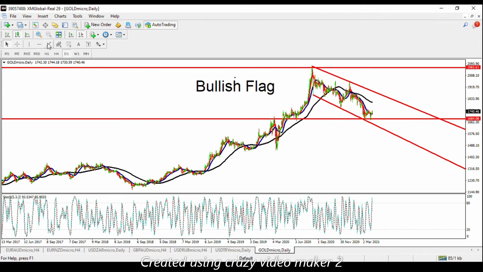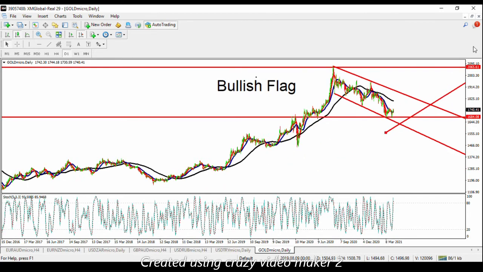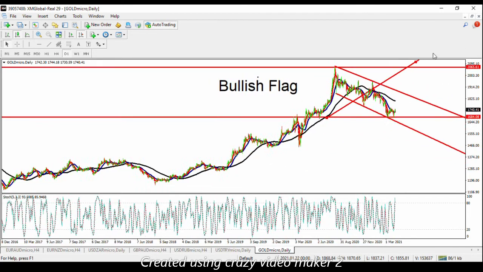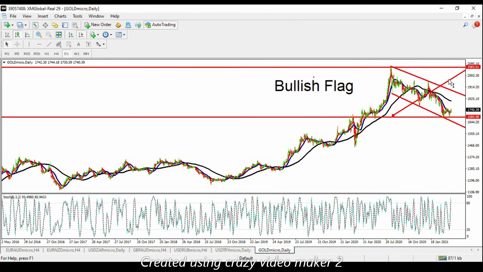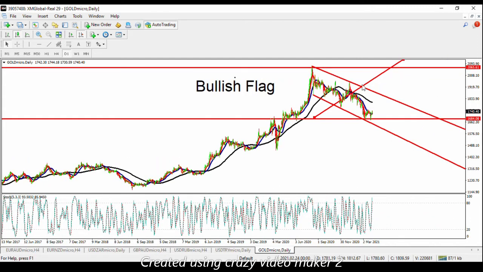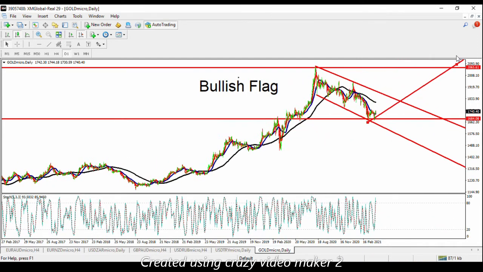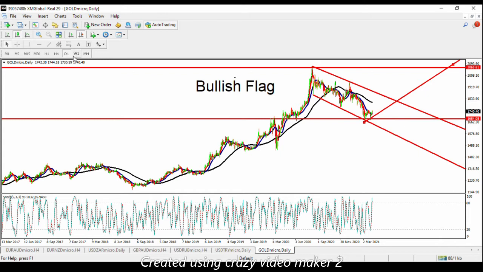So what you want to do to measure how far gold may go, you want to measure the pole, right? So this is the measurement of the pole, and then what you do is you essentially just extrapolate. And when you extrapolate like that, what you'll realize is realistically gold could go to the stars at this point.